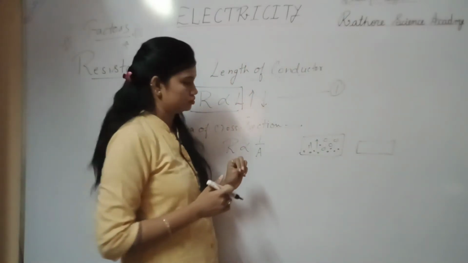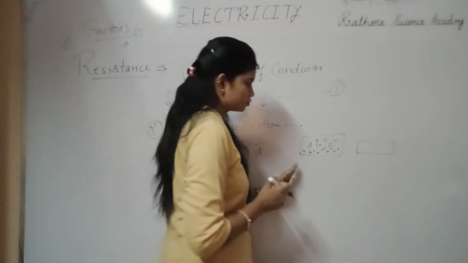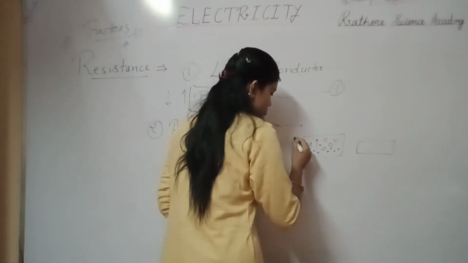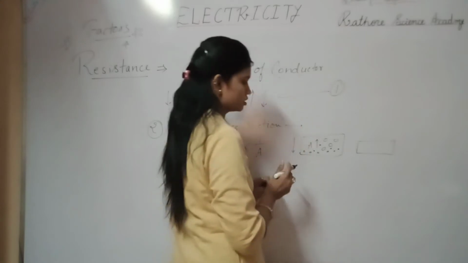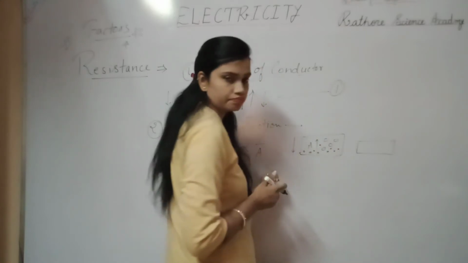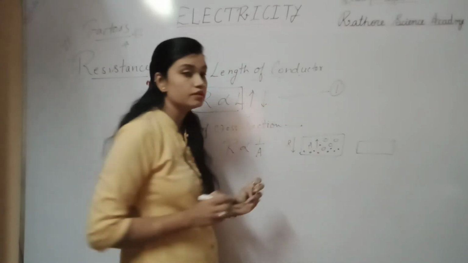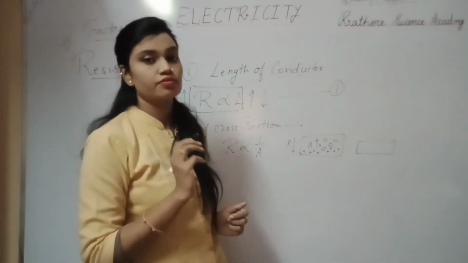So due to increase of area of cross section, there is less chance of collision with atoms. So whenever the area of cross section increases, the resistance of the conductor will decrease.